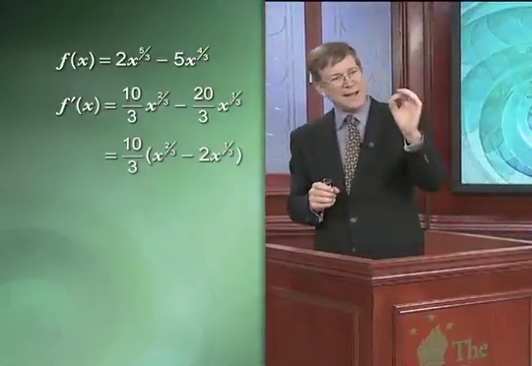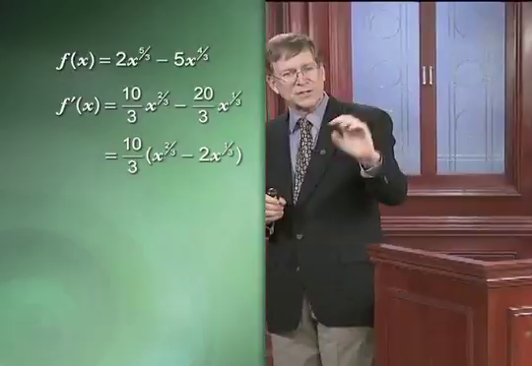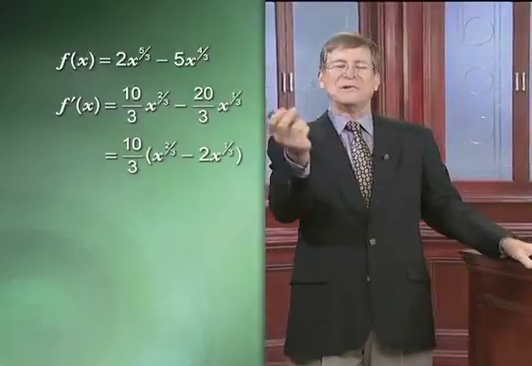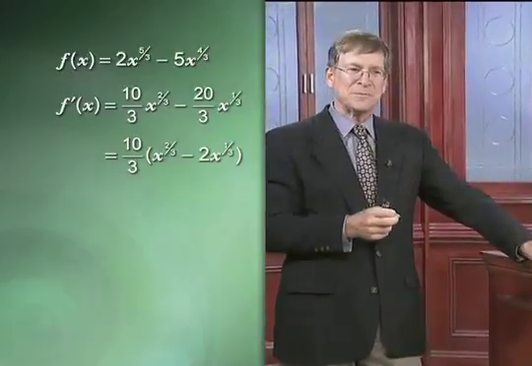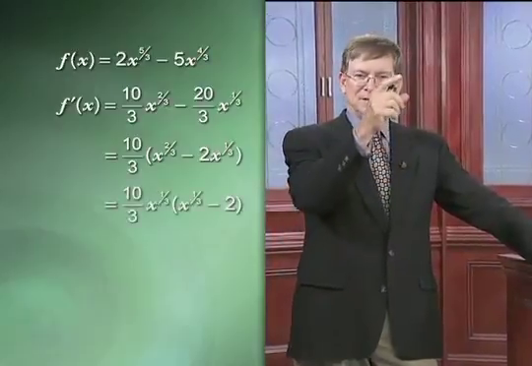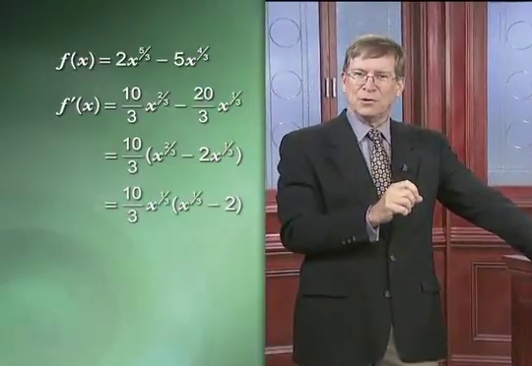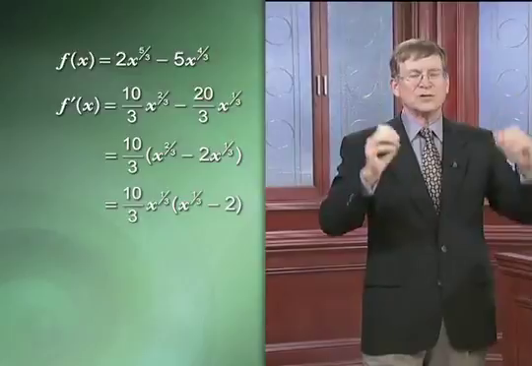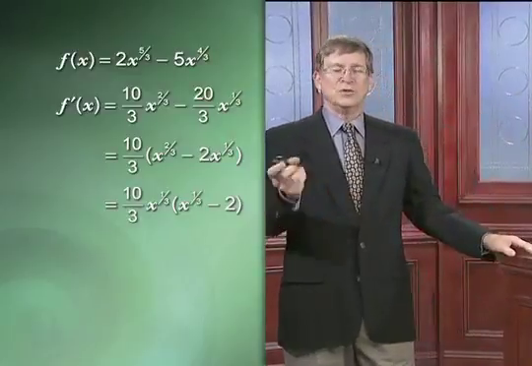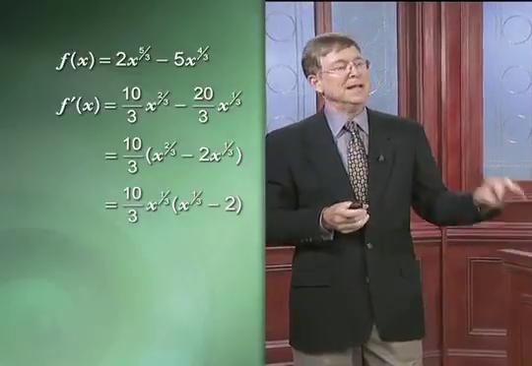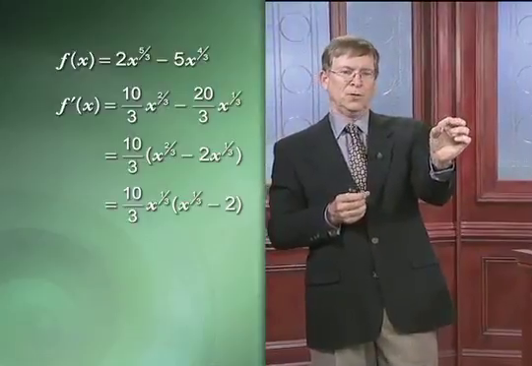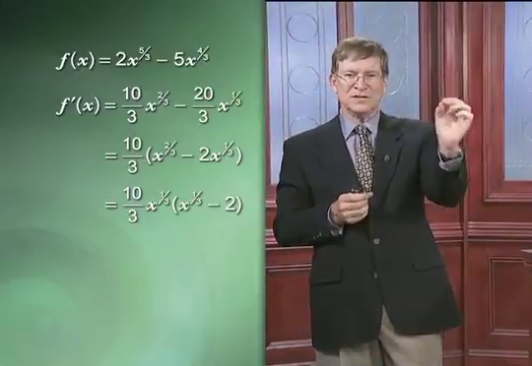And you're left with x to the 2/3 minus 2x to the 1/3. And now factor out x to the 1/3. And look what happens. You have 10/3 times x to the 1/3 times the quantity x to the 1/3 minus 2, which is what I showed you on a previous slide. Now it's easy to tell when the derivative is 0.